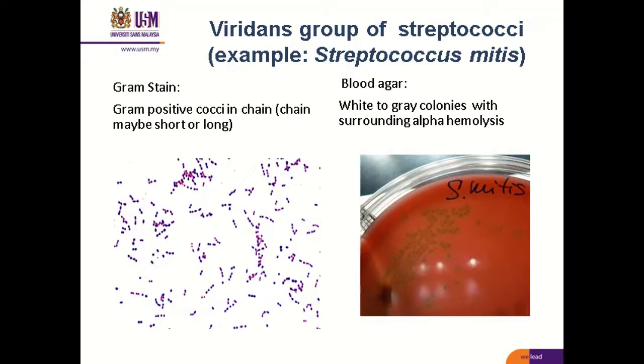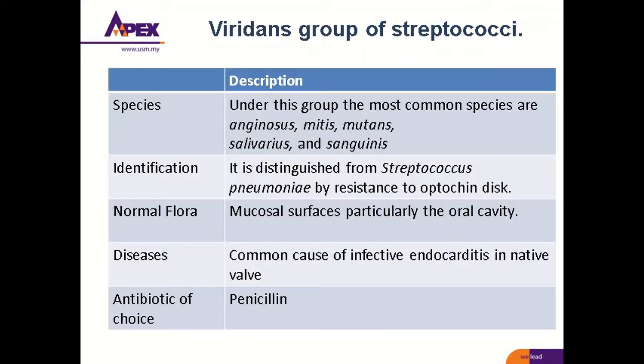On Gram staining, we can see gram-positive cocci in chains, and on blood agar, we can see alpha hemolysis surrounding the white to gray colonies. The species under this group also include Streptococcus anginosus, Streptococcus mitis, Streptococcus mutans, Streptococcus salivarius, and Streptococcus sanguinis.